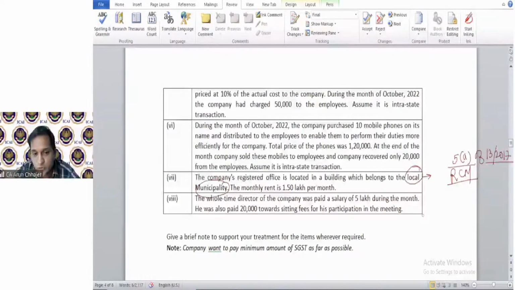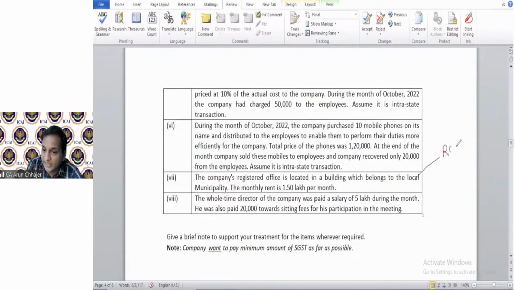The recipient has to pay the tax under RCM. So basically, I can say this will create a liability to pay tax under RCM. Also, it will be added to my ITC.